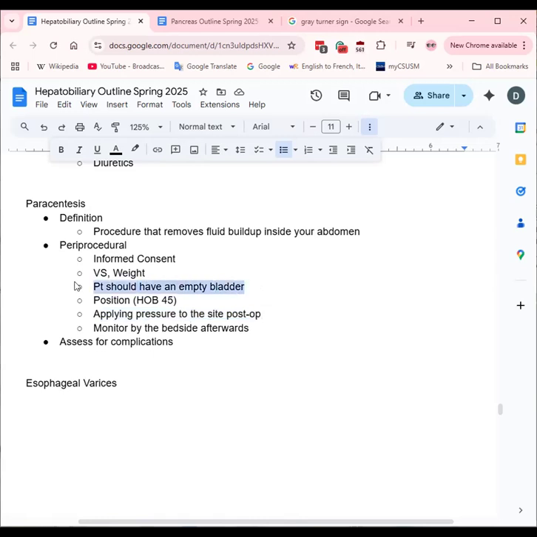The reason they want the patient to have an empty bladder is that a full bladder can get in the way. You might accidentally poke the bladder because it's bloated with urine. And then complications.